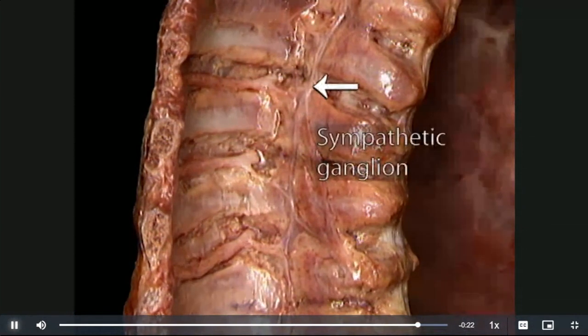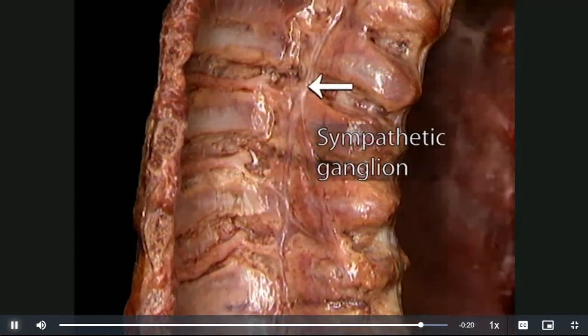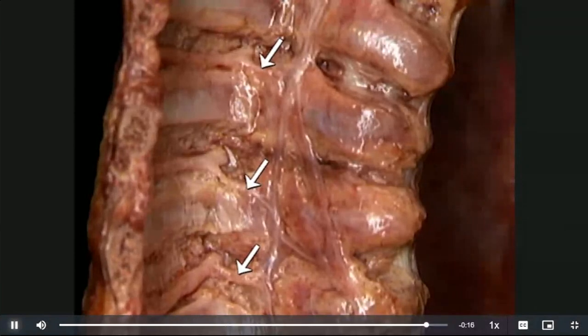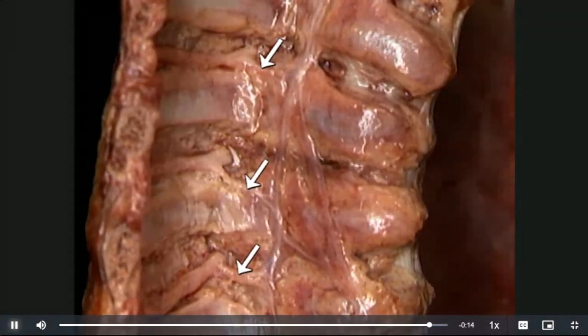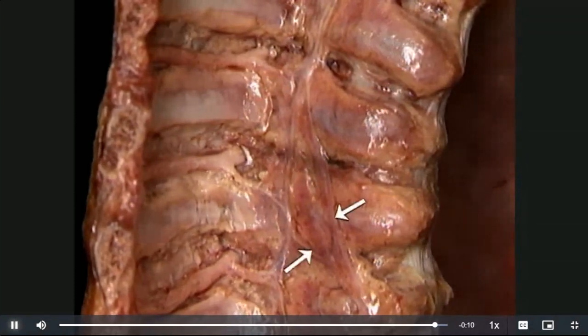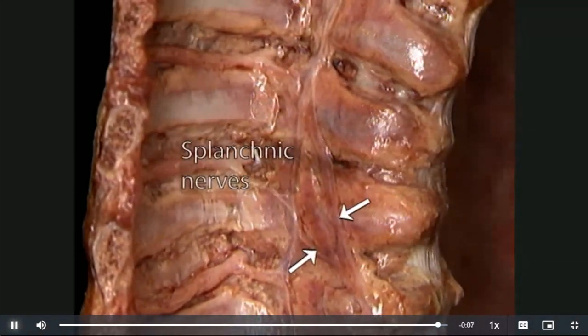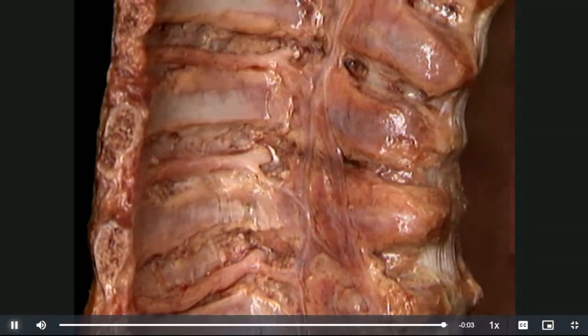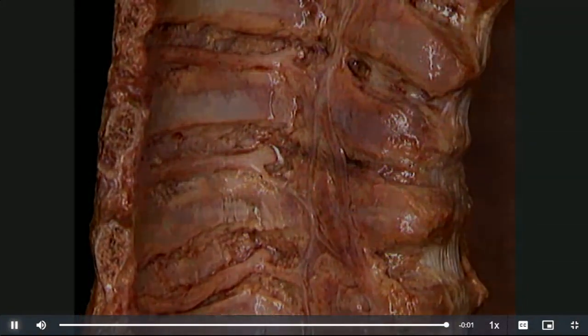This thickening is one of the ganglia of the sympathetic trunk. These fine connections between the sympathetic trunk and the anterior rami of the spinal nerves are the rami communicantes. The nerves passing medially from the sympathetic trunk are the splanchnic nerves on their way to the celiac and mesenteric ganglia.